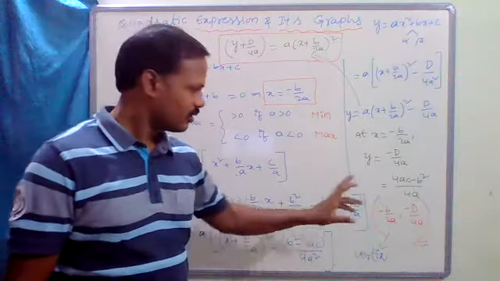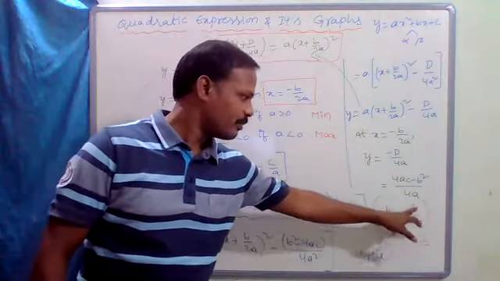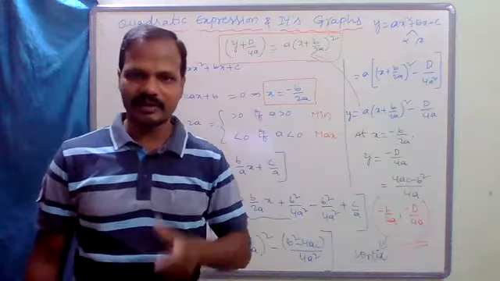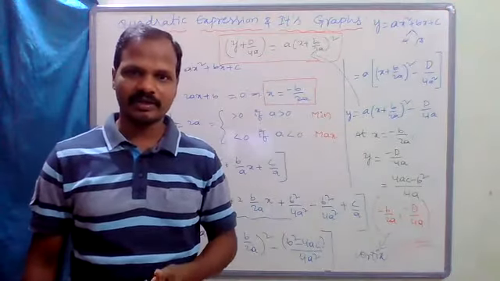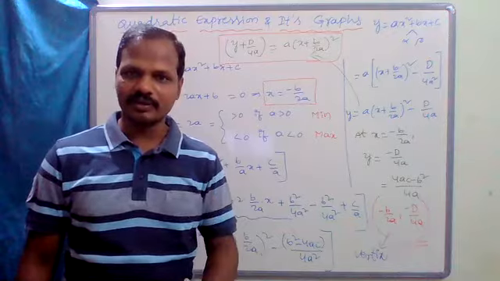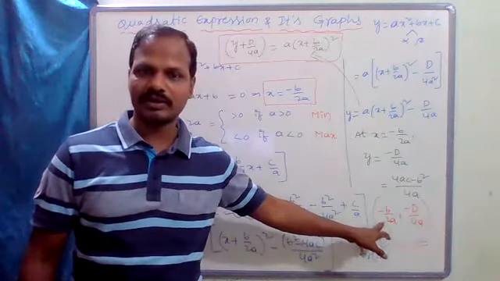So this point is the most important: minus b by 2a, minus d by 4a. Suppose a quadratic expression is given. Where the quadratic expression has minimum value, you have to calculate minus b by 2a.